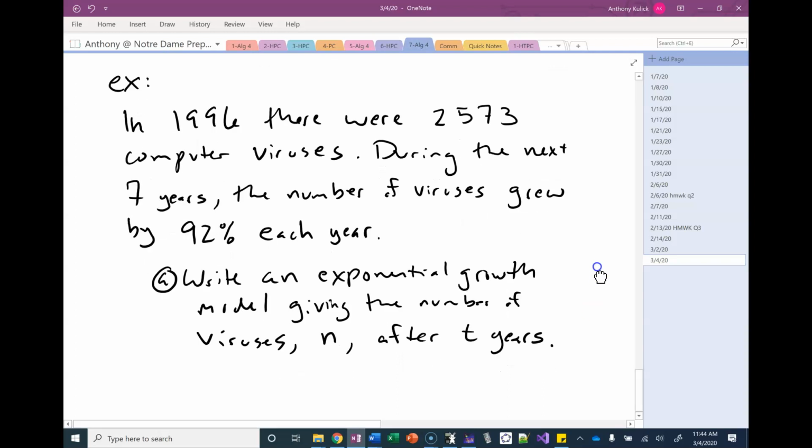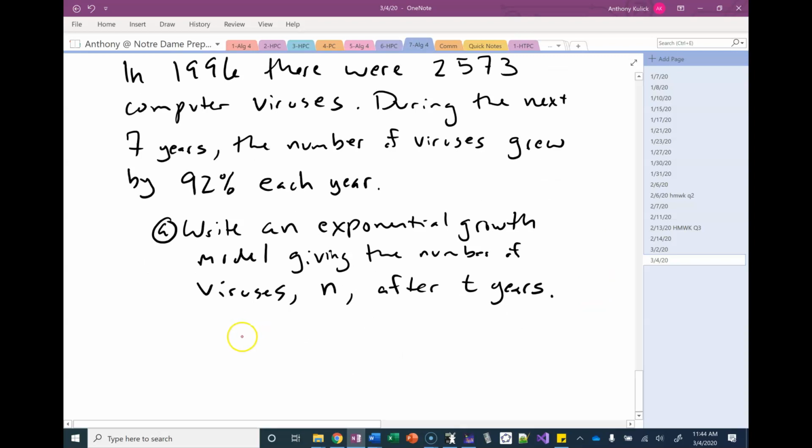So if I go back and write down my exponential growth model, it looked like this, right? Let's remember again what these different letters represent in this formula.